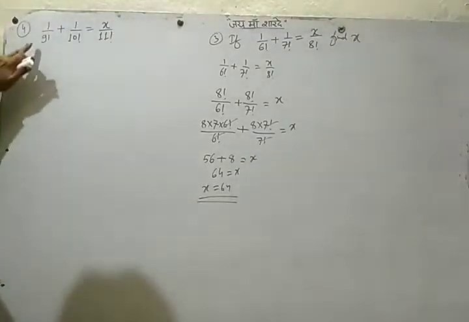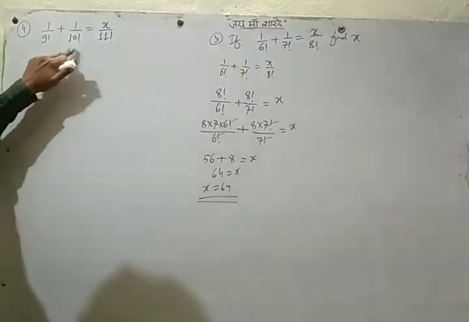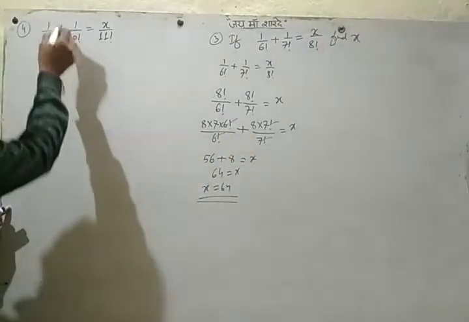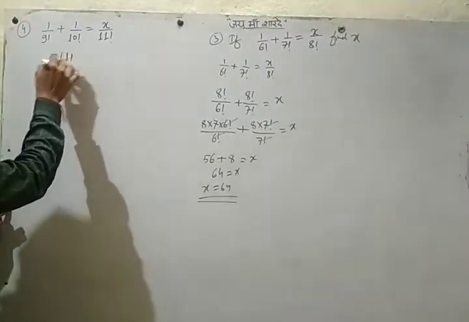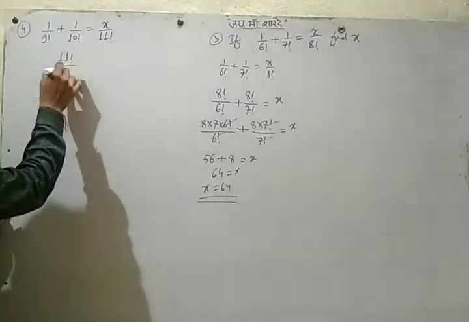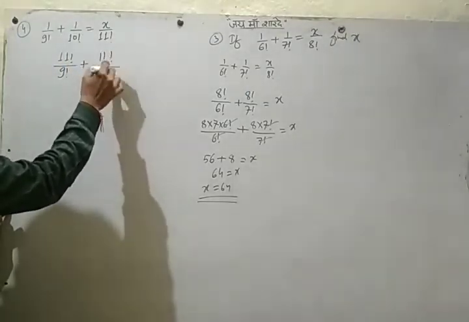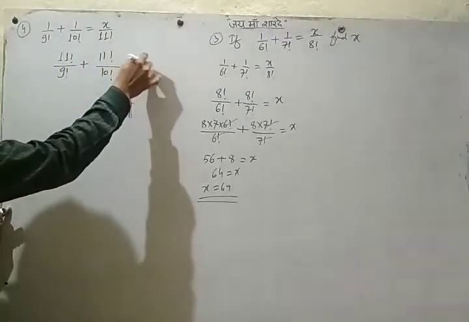One more question. 1 by factorial 9 plus 1 by factorial 10 is equal to x by factorial 11. Same question. So again we cross multiply. We get 11 factorial upon 9 factorial plus 11 factorial upon 10 factorial is equal to x.